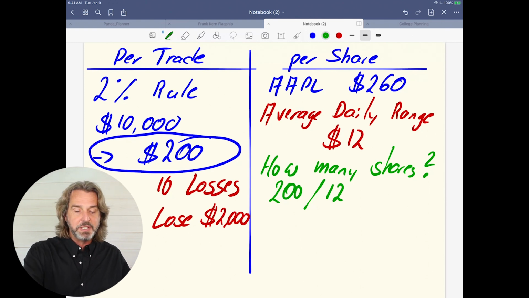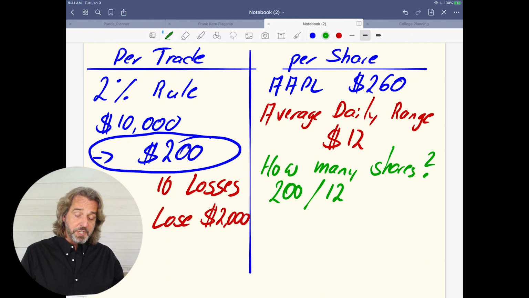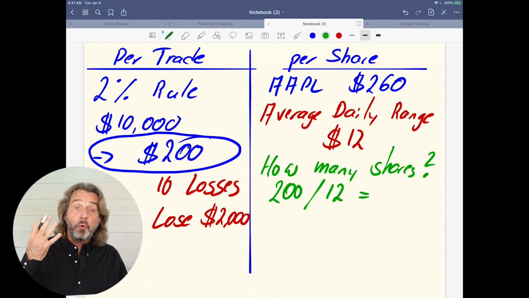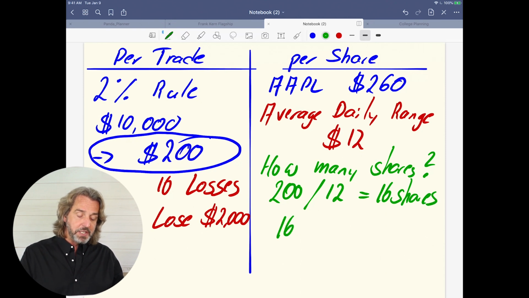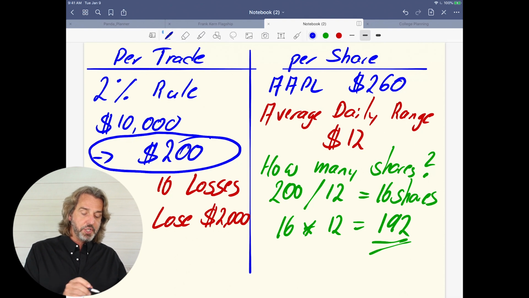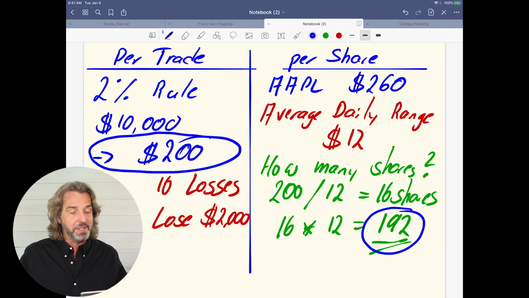It's around 16 shares, okay. So this means here, instead of trading 4 shares, we are trading 16 shares. What does it mean? Because 16 shares times $12 per share that we are risking would be $192 that we risk, which is in line with the overall $200 that we want to risk.